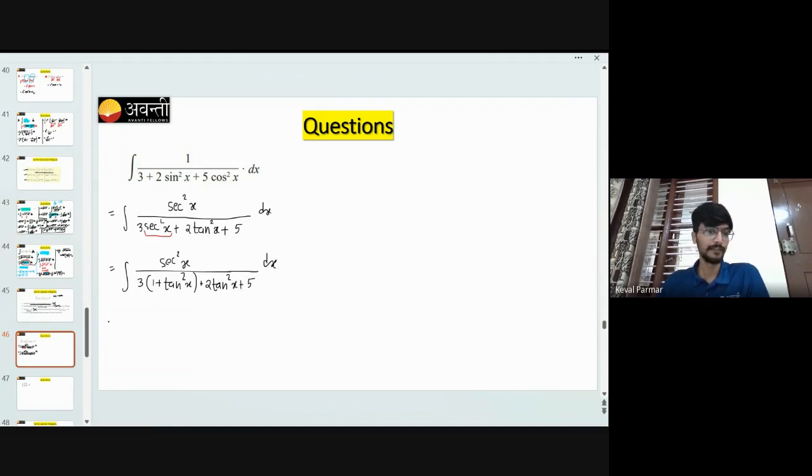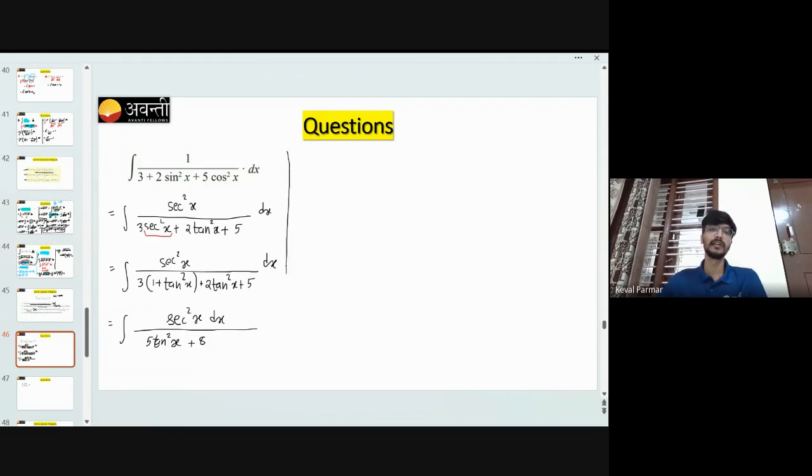So if I simplify the denominator, I will get sec square x dx upon 3 tan square x plus 2 tan square x. What is 3 tan square x plus 2 tan square x? 5 tan square x. Correct? And 3 plus 5 is 8.